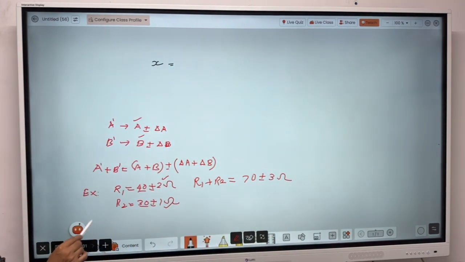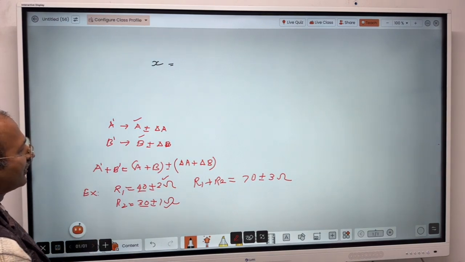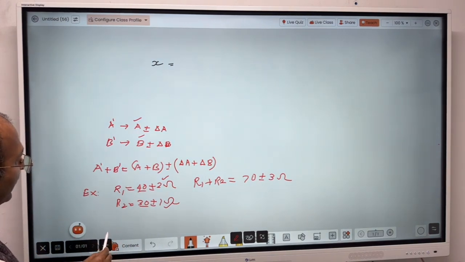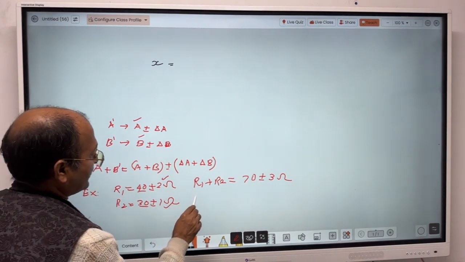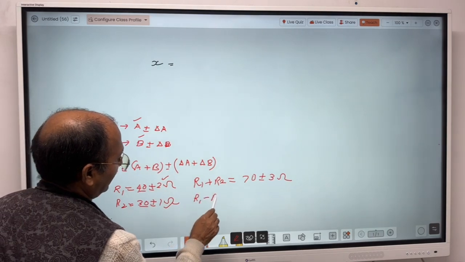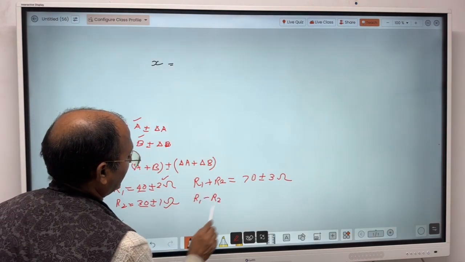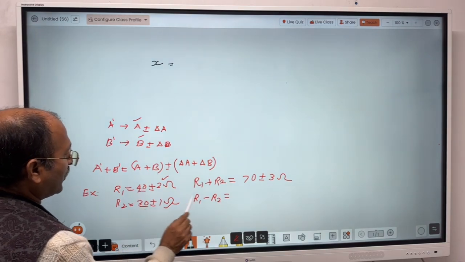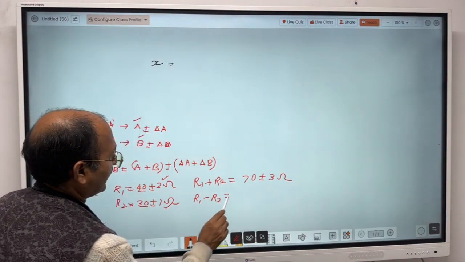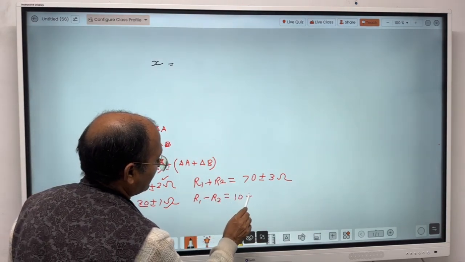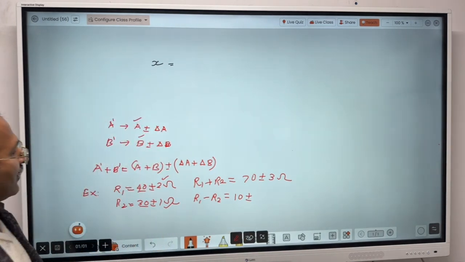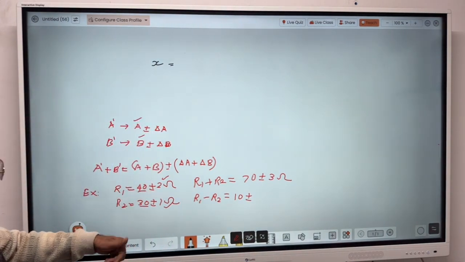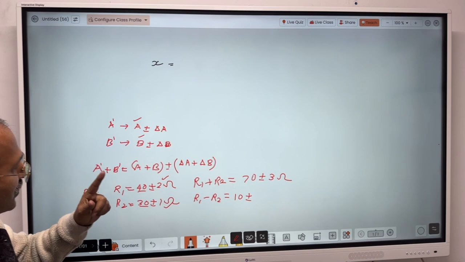Now suppose you have to find out difference, then what will happen? In case of difference, here R1 minus R2 you want to find out. So for that you will subtract these two, 40 minus 30, that is 10, plus minus, whether you will subtract this error also?